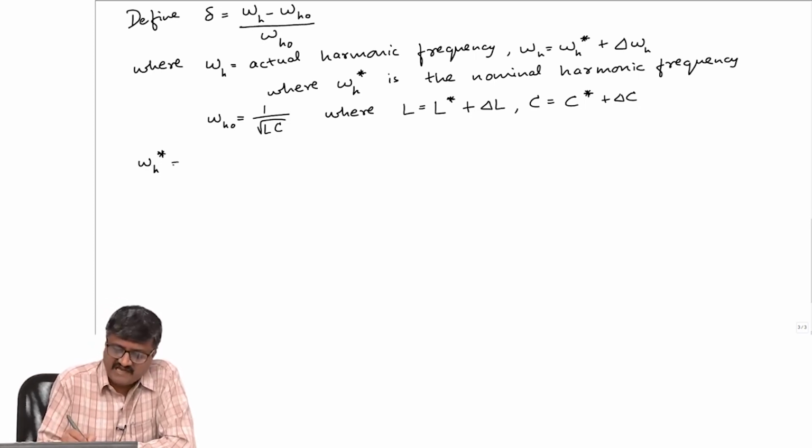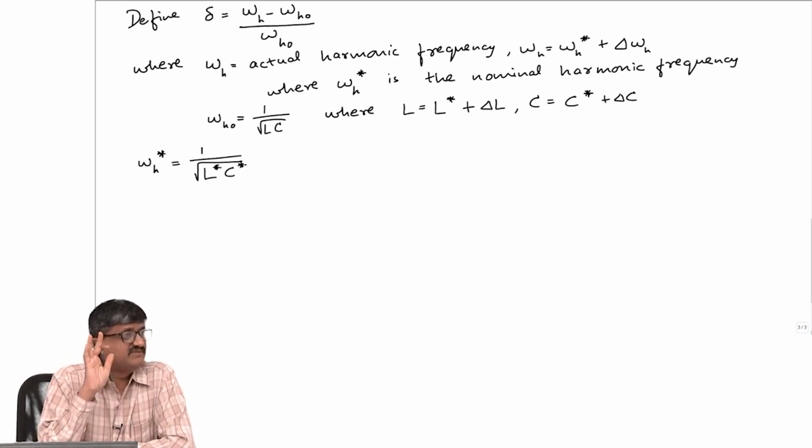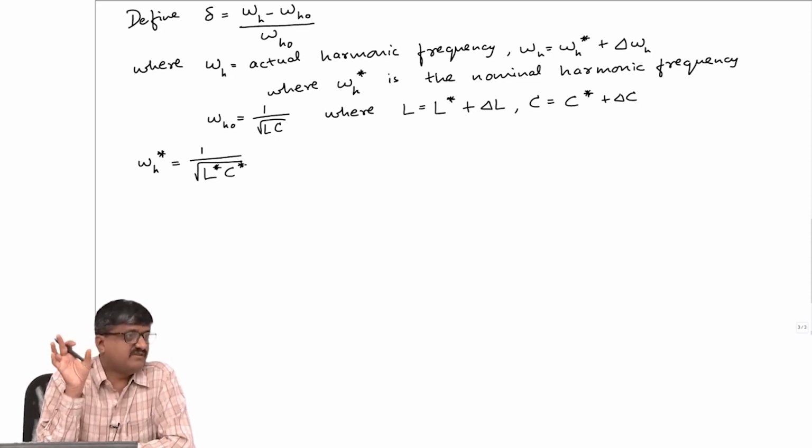This is exactly equal to 1 by under root L star C star. Now, please note omega h o is not a constant, because L is not a constant and C is not a constant in general, whereas omega h star is a constant. Now, if you look at the definition of delta, omega h is not a constant, omega h o is also not a constant.